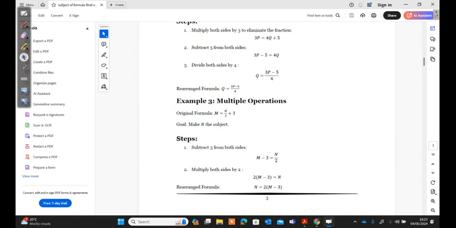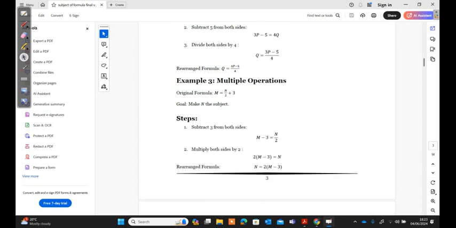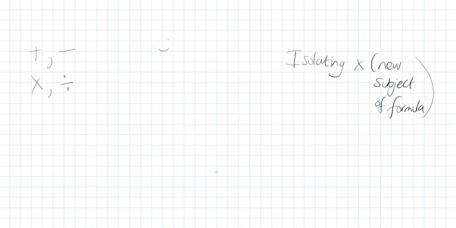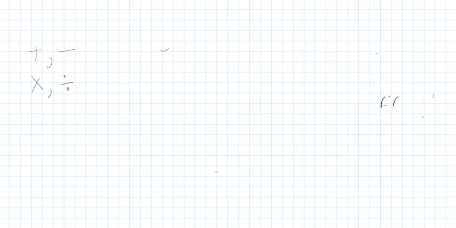All right. Now I'm going to demonstrate one with multiple operations also, which is one like this. So m is equal to n over 2 plus 3. Let me show that to you on the board. Okay, so we had m is equal to n over 2 plus 3.